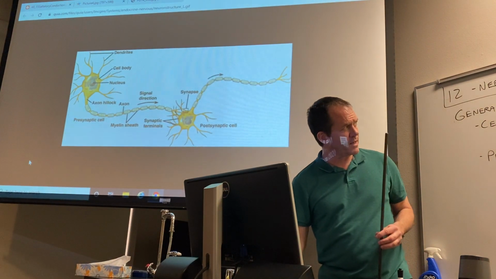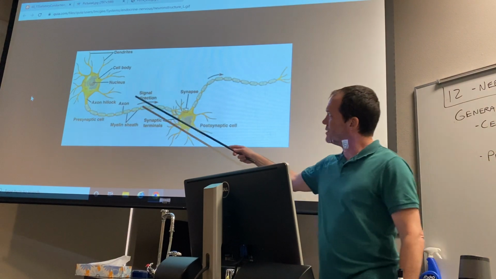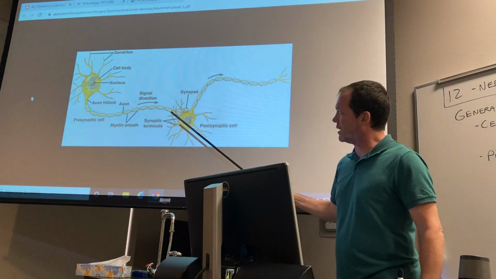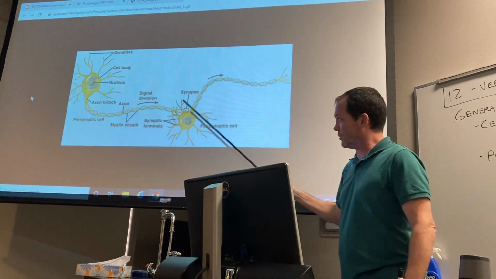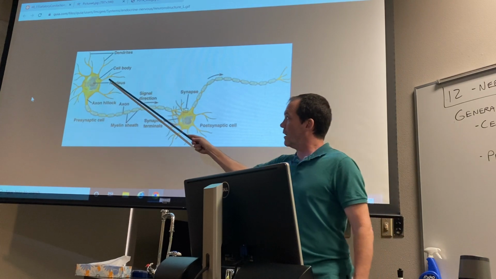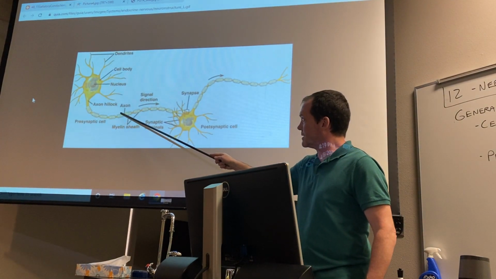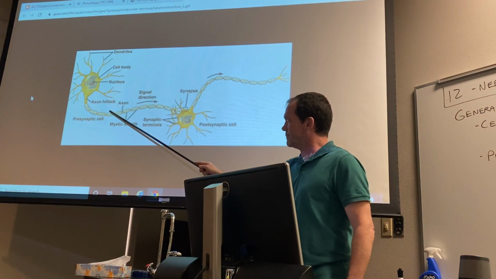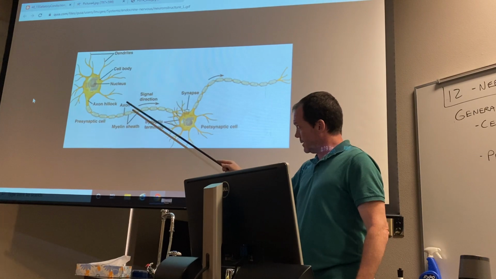Now let's look at this next little image right here. This shows two, I guess probably two interneurons, or it could be an interneuron and a motor neuron, whatever. But it shows two multipolar neurons interacting. Over here on the left, we see the neuron that's sending the impulse, and you can see this little arrow here. I'll talk more about that later, but it's sending the impulse down the axon.